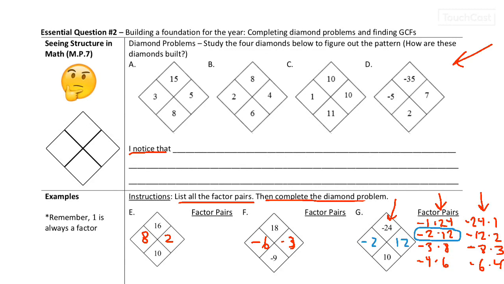Okay, so in essence, what we're trying to do for these diamonds is figure out what multiplies to the top number, but adds to the bottom number.